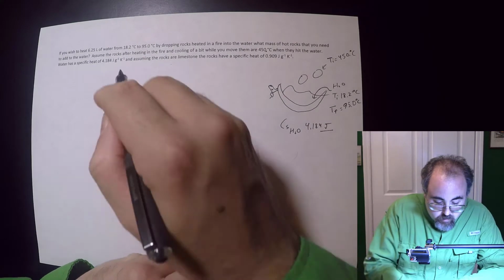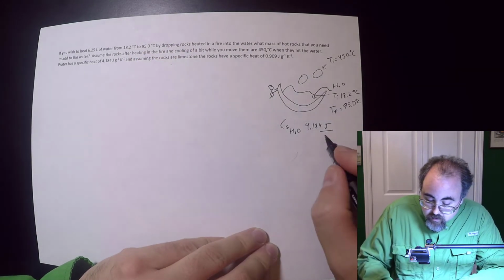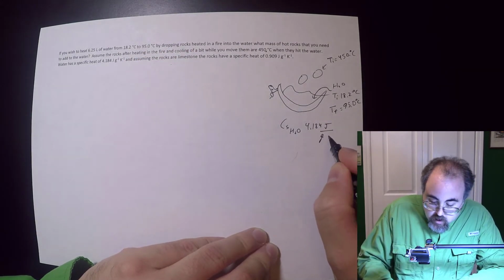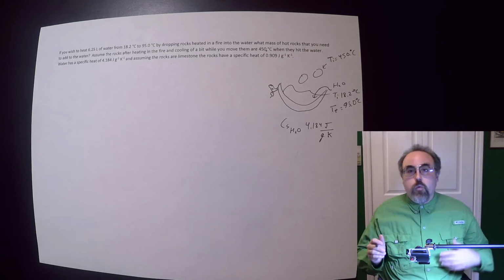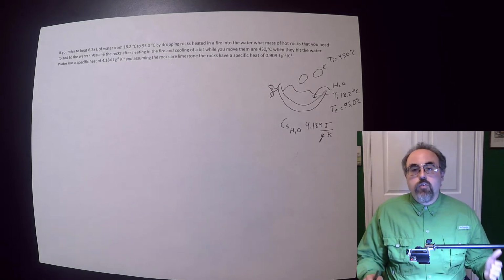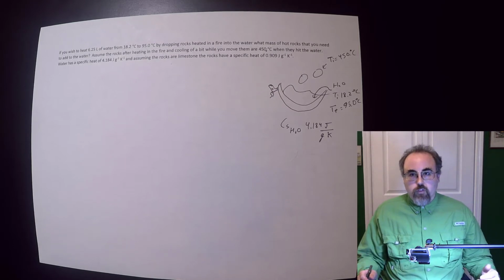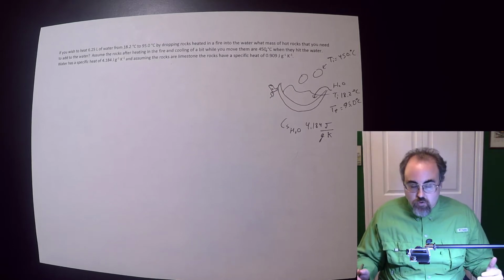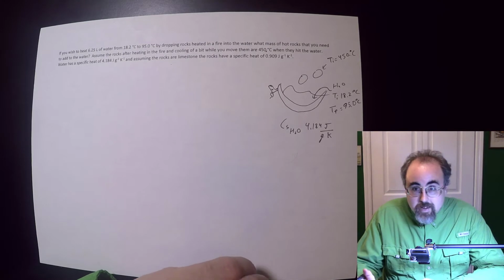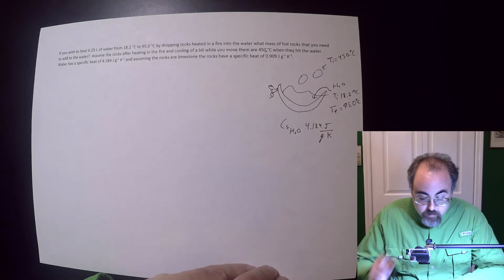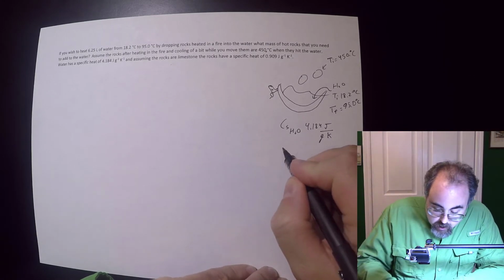Those little superscript -1s mean it's in the denominator. By the way, in this case, because we're working with delta T's, we can use Kelvin and Celsius interchangeably as long as the T initial and T final match. Normally you can't do this, but this is one of the few cases where you can. So that's there.